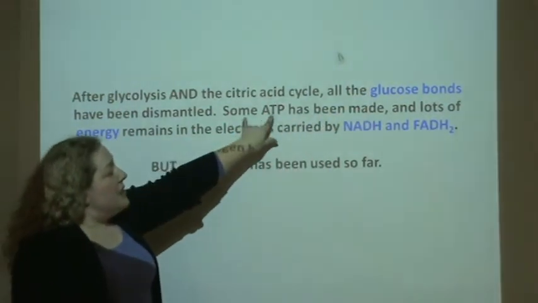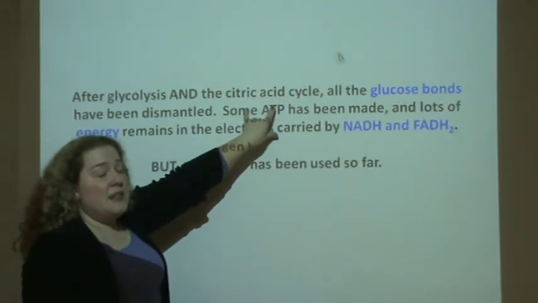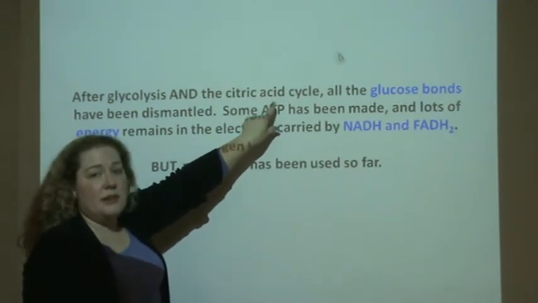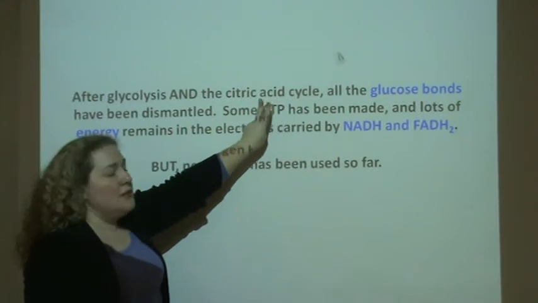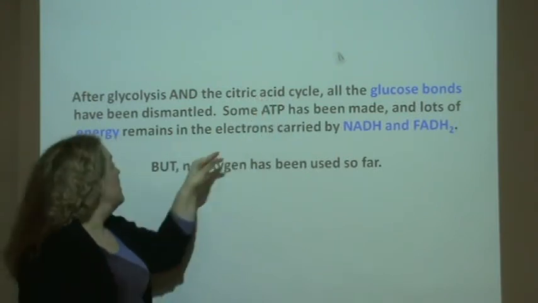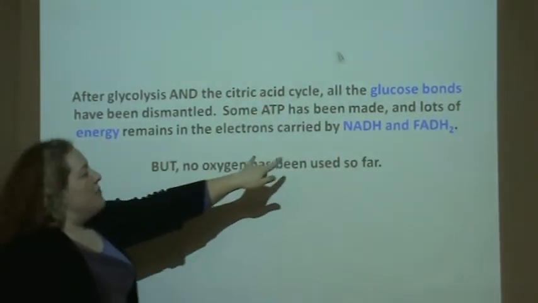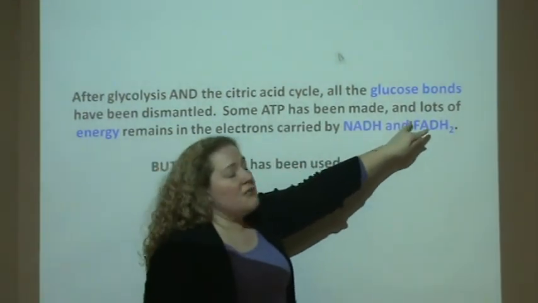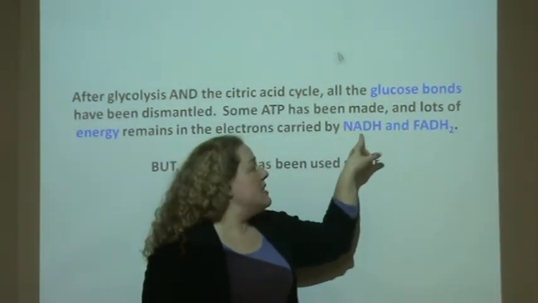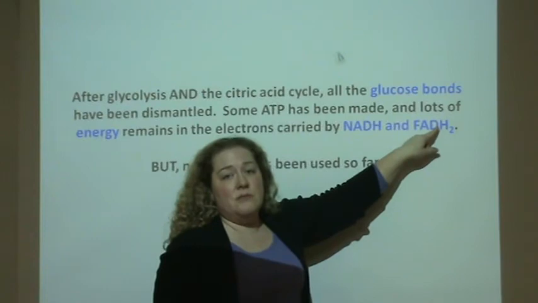We've made a little bit of ATP, so at this point the cell has made 4 ATP, 2 from glycolysis, 2 from citric acid cycle. We have made a lot of these energized electron carriers, NADH and FADH2.